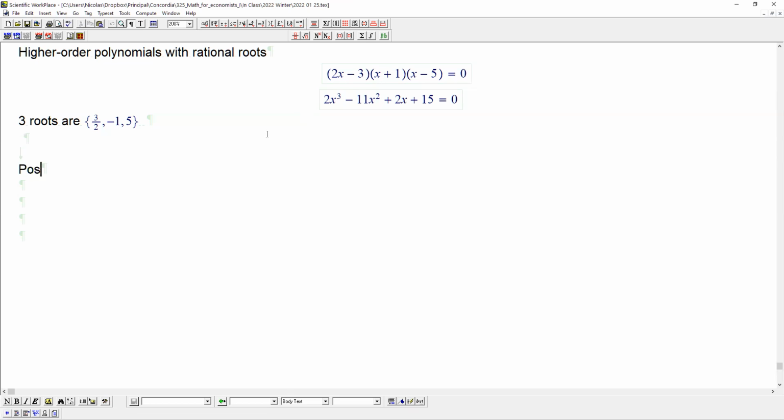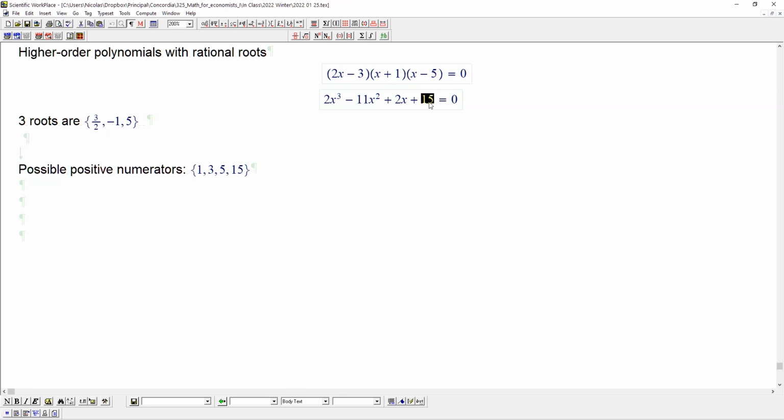So possible positive numerators: I have 1, 3, 5, and 15, right?